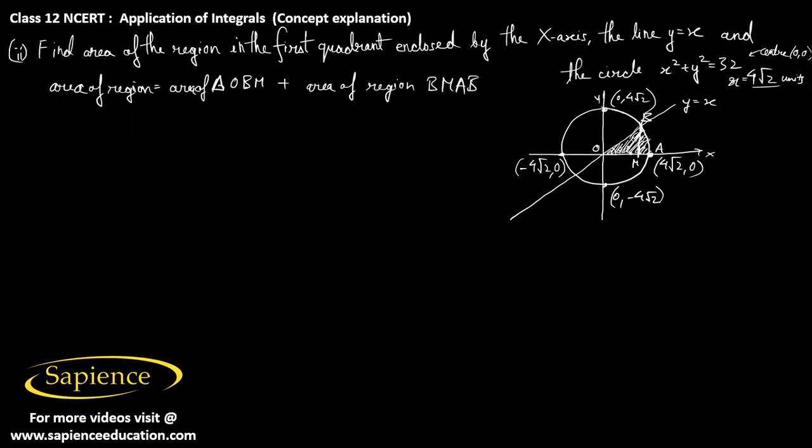It means this circular part, it has one circular part and two straight lines. This is the region BMAB. So this area also we need to find, and the area of that triangular part, which is BMO, that also we need to find. So we need to add these two regions.